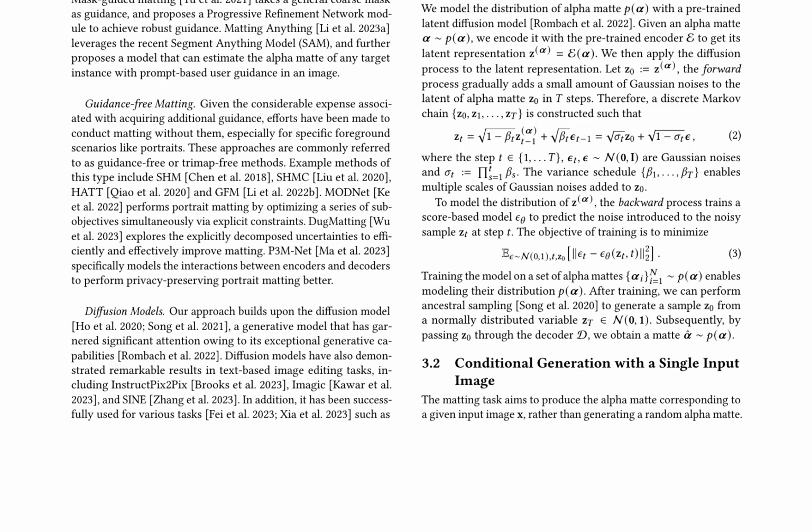The proposed method builds upon the latent diffusion model, LDM, and uses a pre-trained LDM to model the distribution of alpha mattes. The authors introduce a generative formulation to model the distribution of alpha mattes and use a score-based model to predict the noise introduced to the noisy sample. They also propose a conditional generation approach to condition the generation process on the input image.